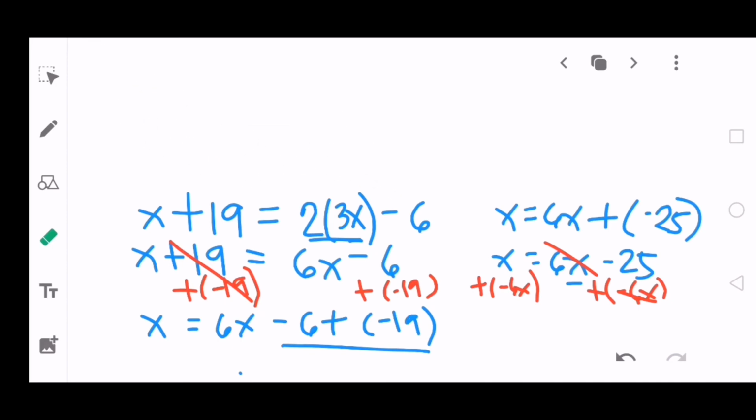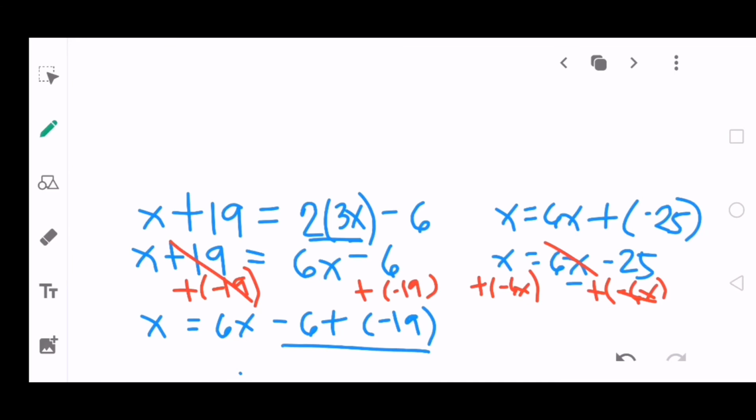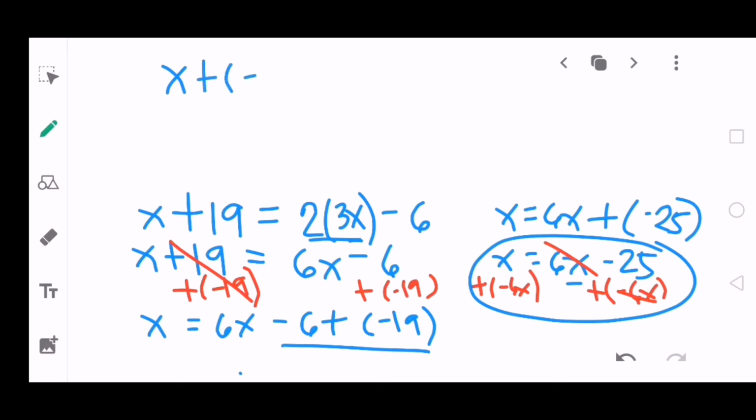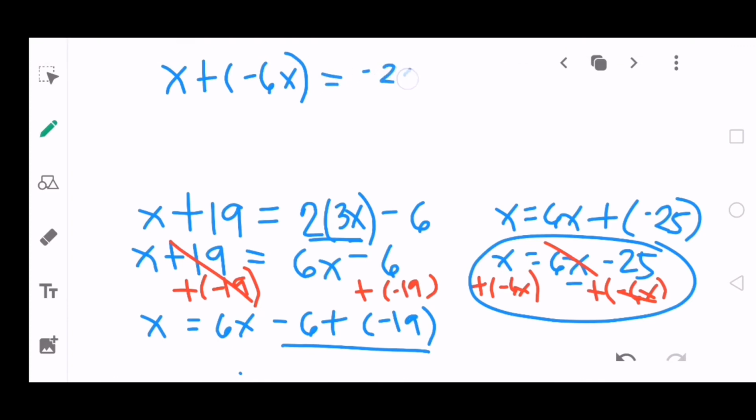What will be left here is x plus negative 6x is equal to negative 25.